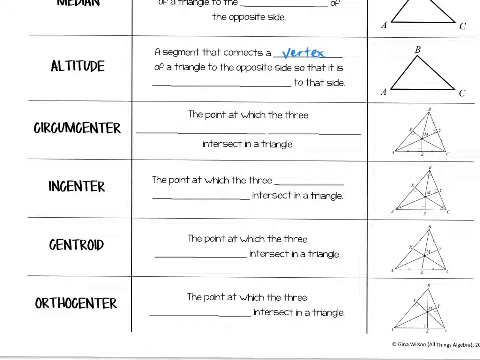If I go from the vertex B and drop straight down, notice I don't draw the tick marks. AD is not necessarily congruent to DC. It could be, but not necessarily. But BD has to be perpendicular to AC. That's called an altitude, and very often we also call this the height.